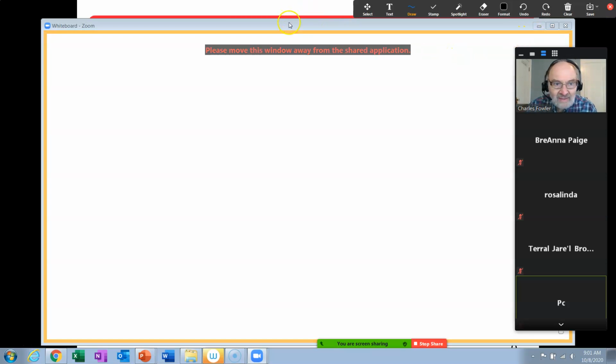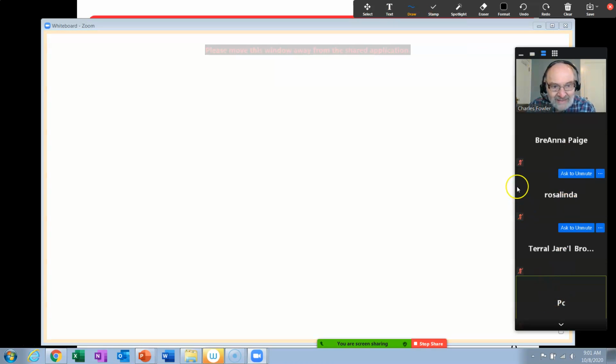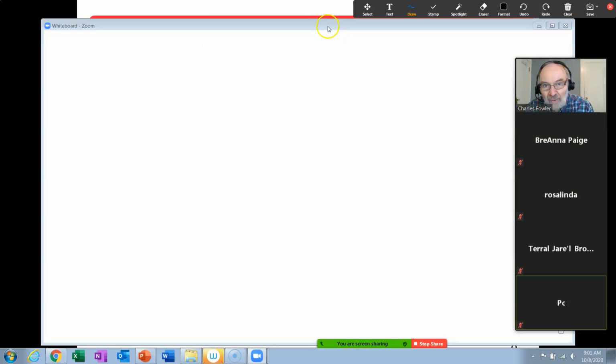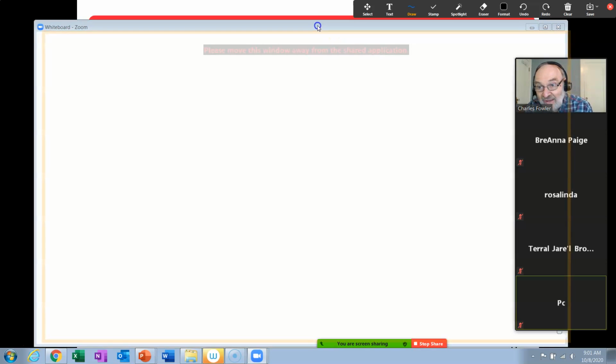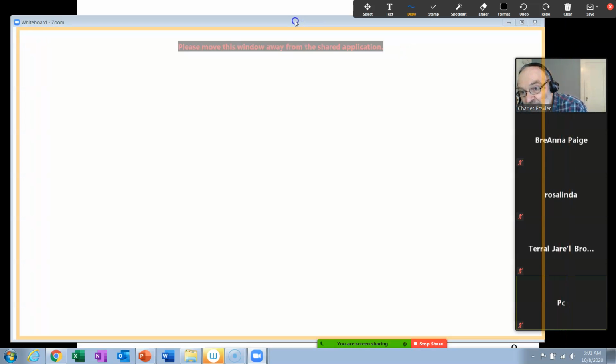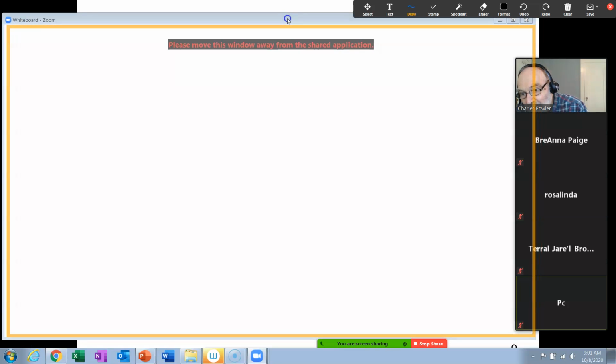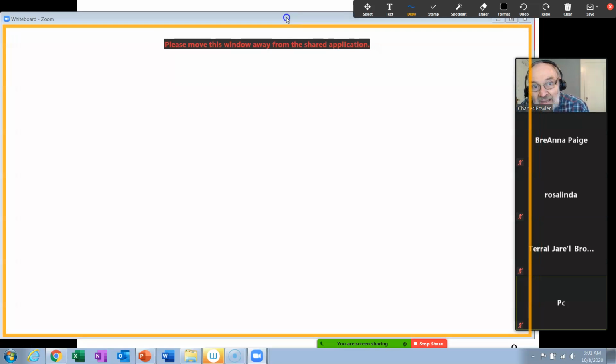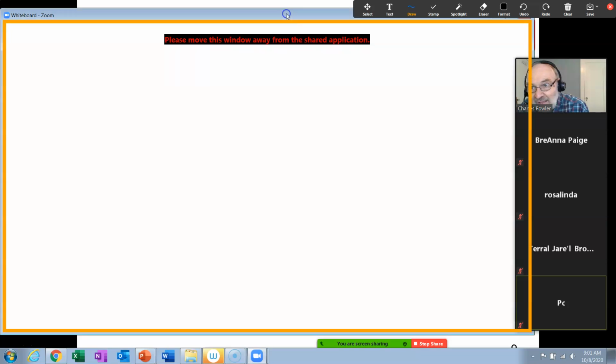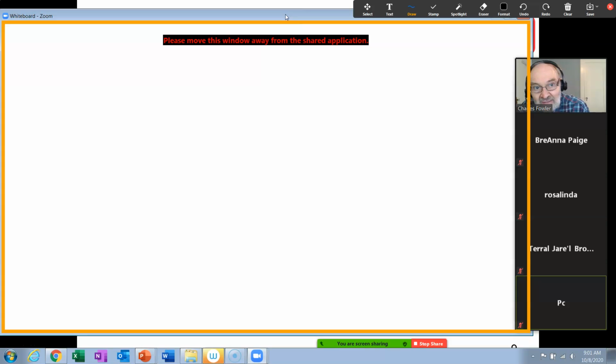And then y'all can't see it, but I have a list of you over here on the right hand side, so I need to move the whiteboard as far as I can to the left and up so I have as much white space to write on as possible, and that's what I do now. Okay, I think I still need to move it slightly to the left. That's good enough. Okay, so let me get my pen in hand and let's do this one.